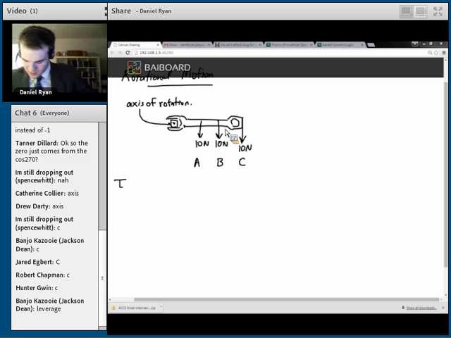If we draw an imaginary line straight out, we can measure the distance from the point where the force is applied to the axis of rotation. And the greater that distance is, the greater the effect of the force. We call this leverage or the lever arm.